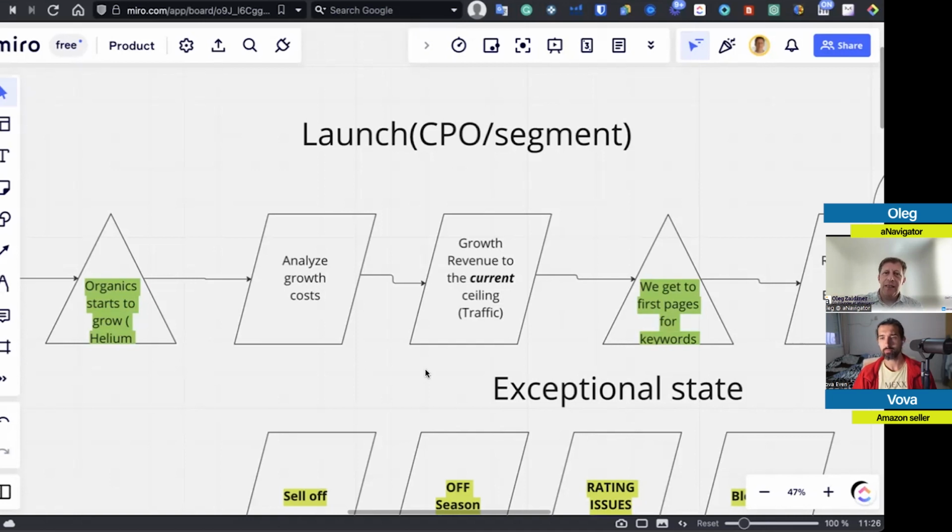The idea at this stage is that you divide your semantics. It depends how you collect all the keywords from different tools. Nowadays we mostly use product opportunity explorer and brand analytics, but many people still use Helium and others, it doesn't matter.